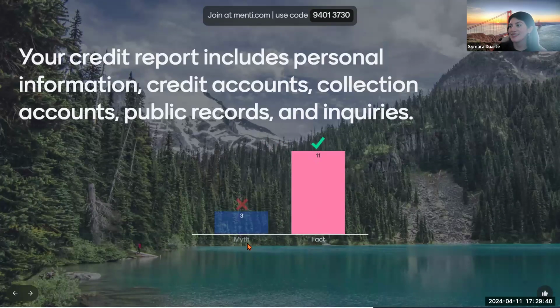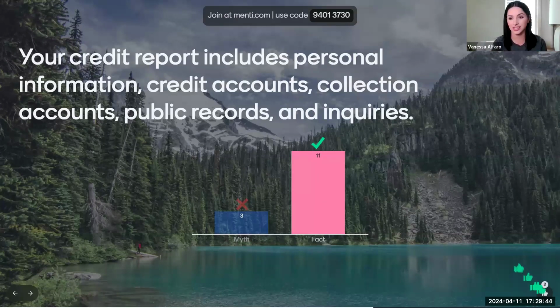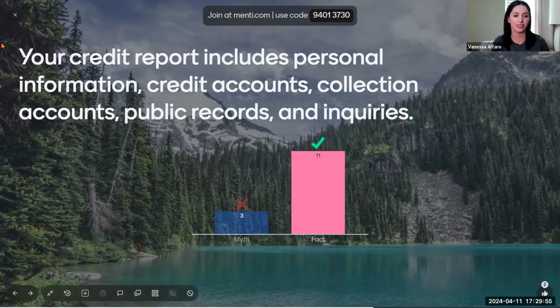It is a fact. Yes, this is one of those things that we covered earlier in the presentation. Some of those items might come up on your credit. The ones that are not on your credit are the checking accounts, the savings accounts, things that you might have with your institution like day to day. Thank you.